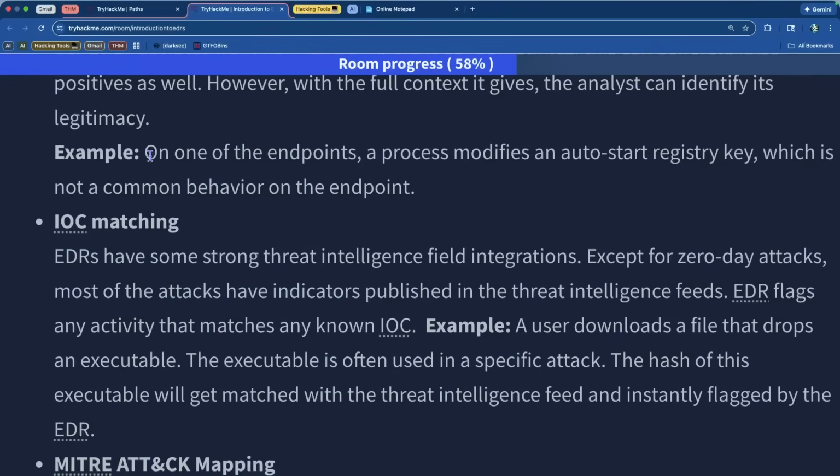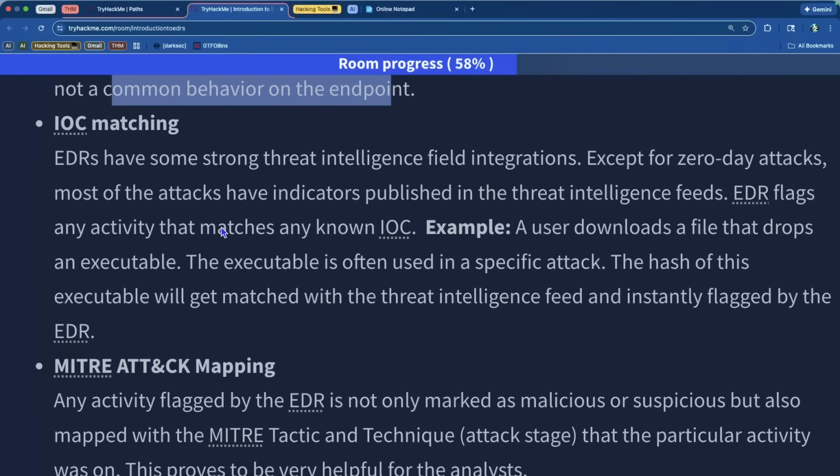An example would be, on one of the endpoints, a process modifies an auto start registry, which is not a common behavior on that specific endpoint. It should not have that registry behavior. Therefore, the fact that it's modified all of a sudden, now we have something else to go on.